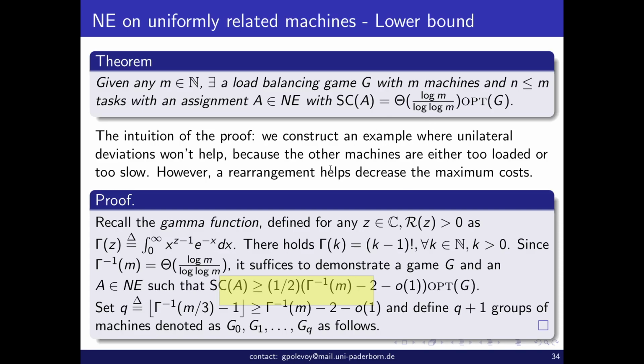So this factor is theta of log m divided by log log m, because gamma inverse is theta of log m divided by log log m, and so is this expression. So asymptotically, that's the expression. So we need to find again an equilibrium such that the social cost of the equilibrium will be at least this factor times the optimum. Okay. One second.